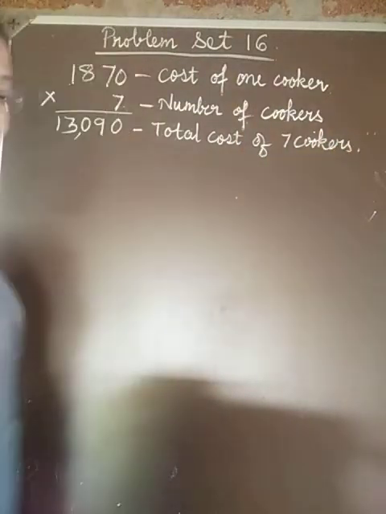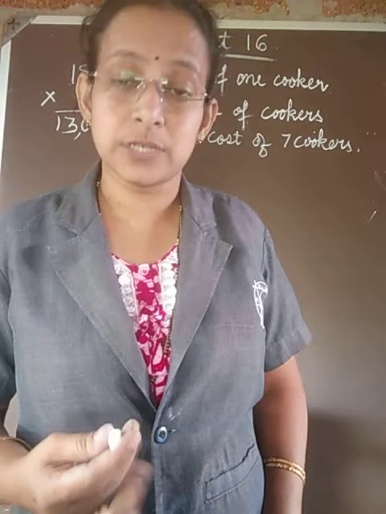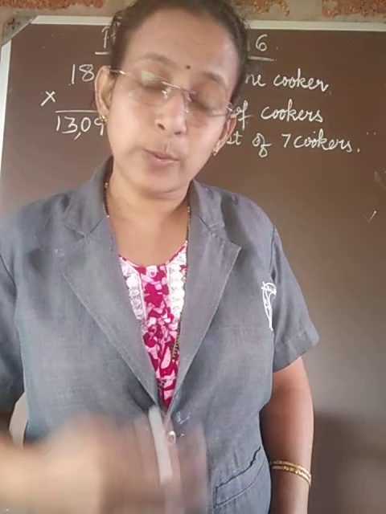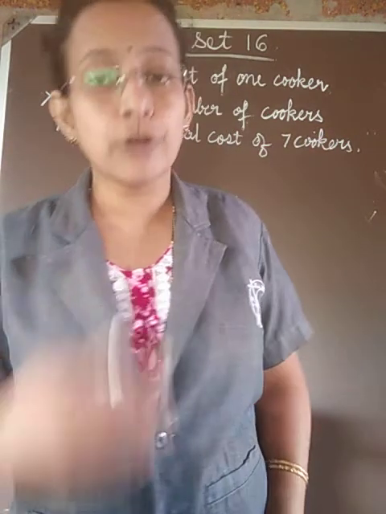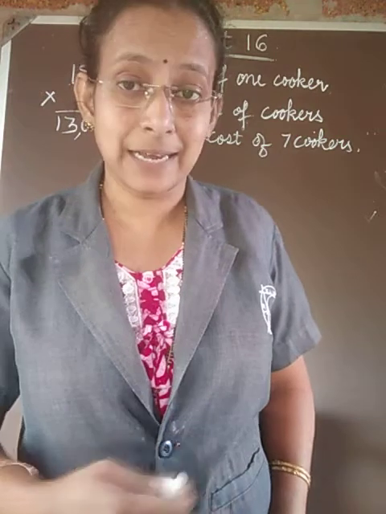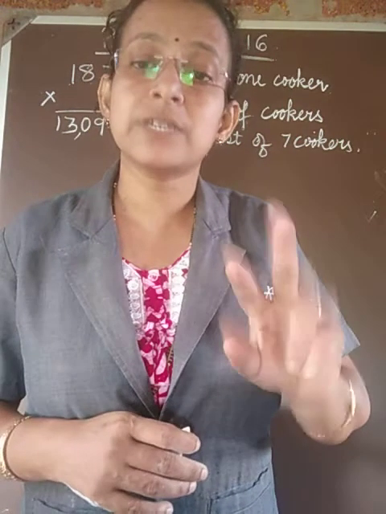Fine. Now he sold it for how much money? He sold it for 14,230. Now, when we have to find out whether he made a profit, that means whether he got more money or a loss, what do we have to do? We have to find out by subtracting. Only from the difference between the two numbers will we understand.